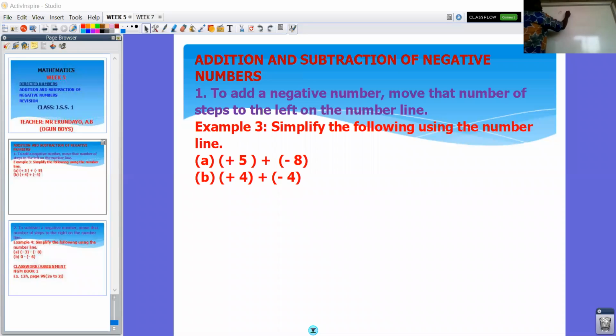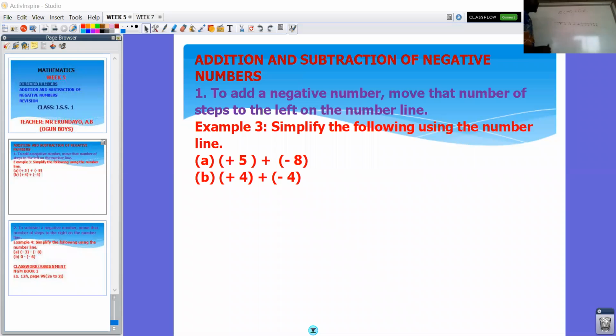We have +5 plus -8. So take a look at the number line again. We have 0, 1, 2, 3, 4, and 5. We have -1, -2, -3, -4, then -5.